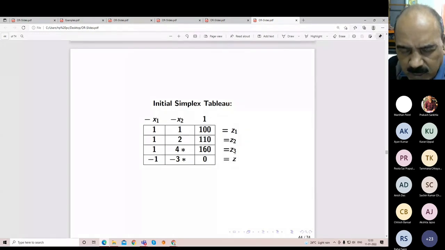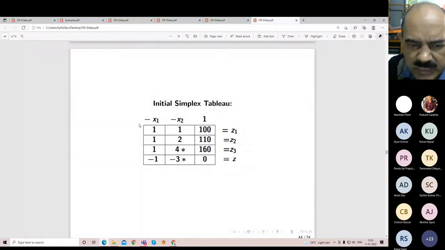This z3, which is going out, is called the departing variable.